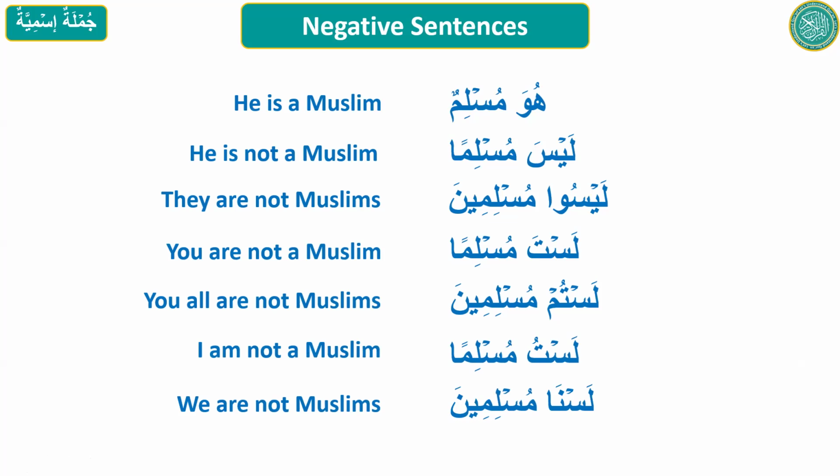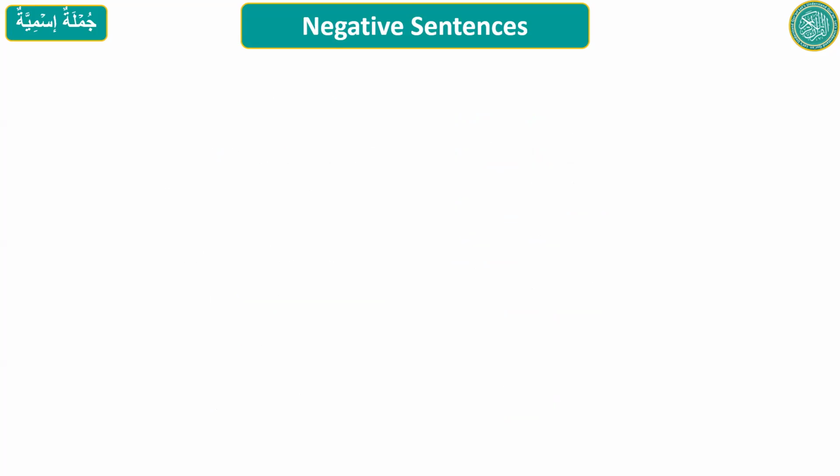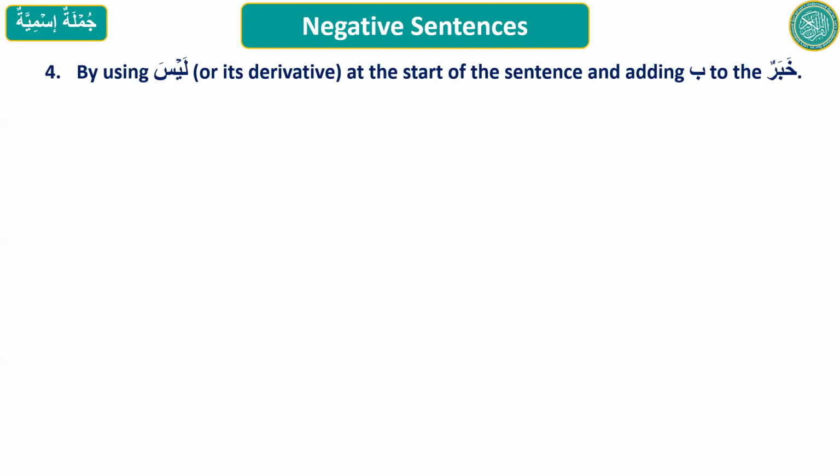So this was the third way of making a jumla ismiya, a nominal sentence, negative. What was the first one? Use ma only. Then I use a combination of ma and ba. Then we learned the third method, using laysa or any of its derivatives. Now we are going to learn the fourth method. Use laysa or any of its derivatives, but in addition to it, use ba as well.